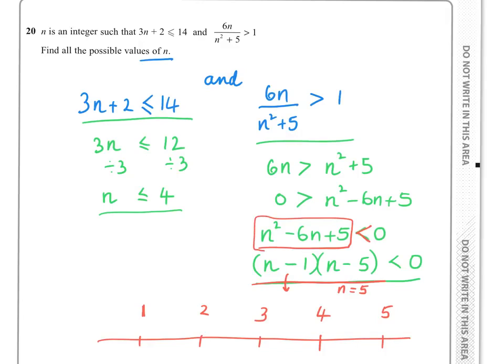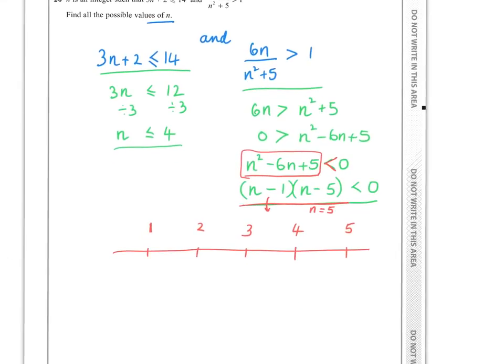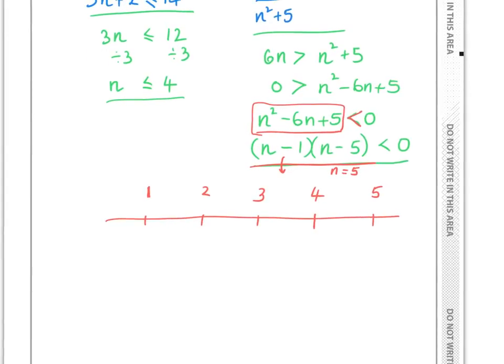Now, a nice way of looking at this question is to say to yourself, well, a quadratic leading with a positive term in n squared is going to have this shape. So if its critical values were here and here, then we could imagine it going through and looking something like this.